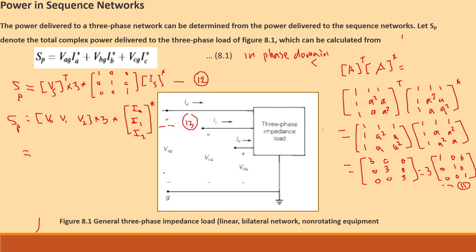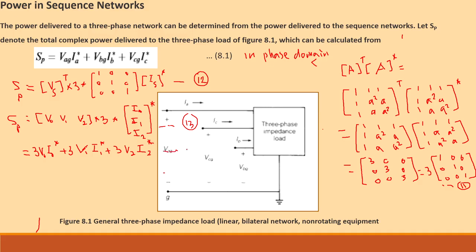This equation is equal to 3 V naught I naught conjugate plus 3 V1 I1 conjugate plus 3 V2 I2 conjugate.